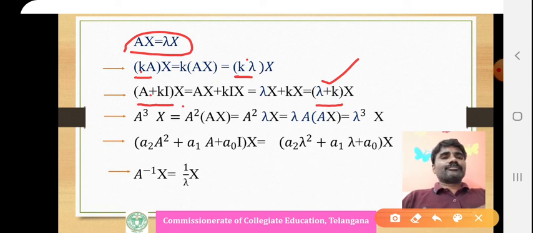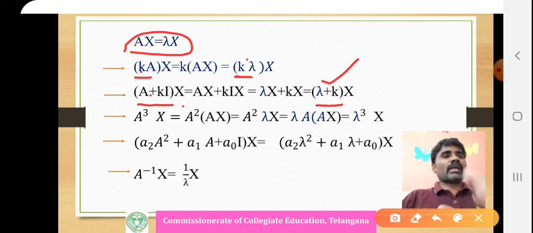In the same way, consider A cube x. You can also consider A power n x repeatedly. A cube x is equal to A square into Ax. Ax becomes lambda x. Again lambda comes outside, it is a scalar, and it is A square, A into Ax. Again Ax becomes lambda x. Lambda comes outside, lambda square.